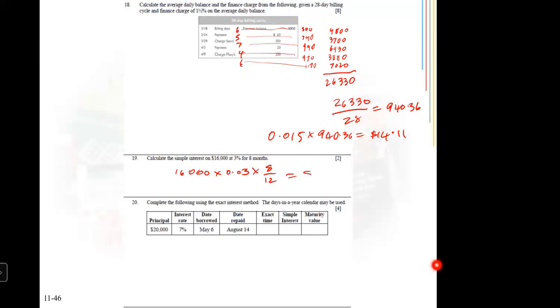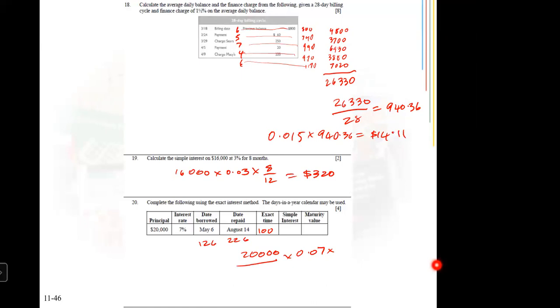Okay. The next one, 16,000 times 0.03 times 8/12. And that gives you $320. Okay, this one you have from May 6th to August 14th. So that's 226, 126. So the difference is 100 days. And then to find the interest, it would be 20,000 times 0.07 times 100 over 365.